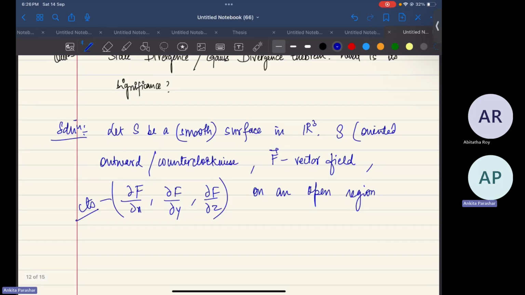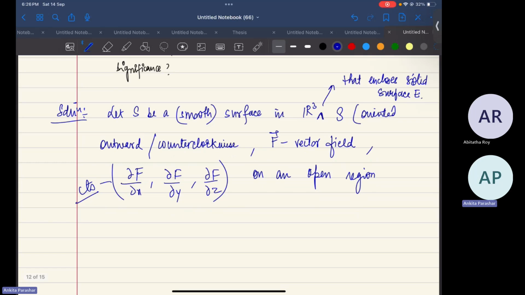Okay, S is a surface that encloses a solid region E in R3. I will give you the details of what that means.